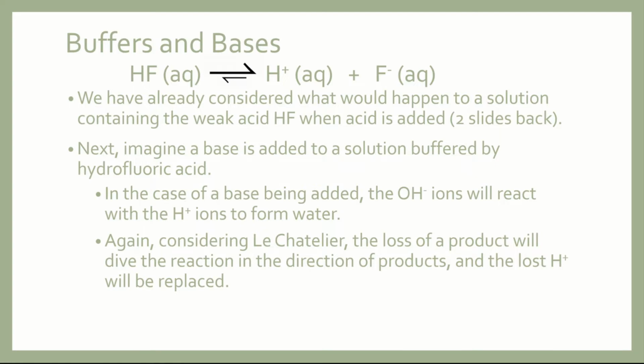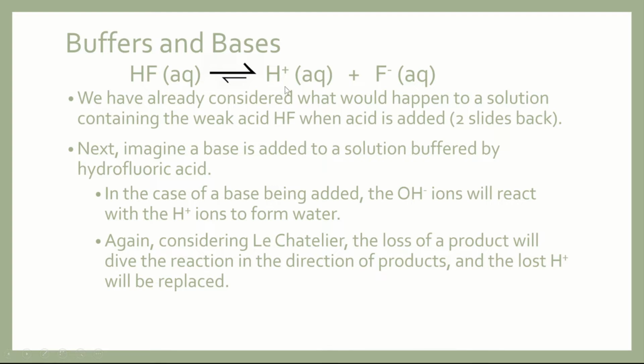Buffers maintain the pH. That doesn't necessarily mean they always work at 7. That doesn't mean they always have a low pH that they maintain or a high pH that they maintain. Hydrofluoric acid would definitely have a low pH, pH of 4, give or take. But it would maintain that pH of 4.